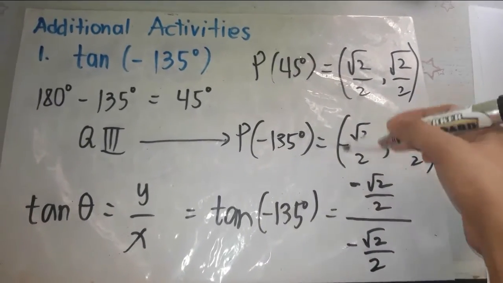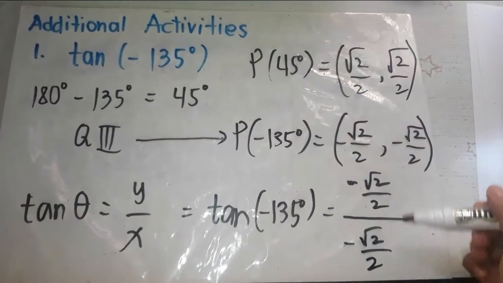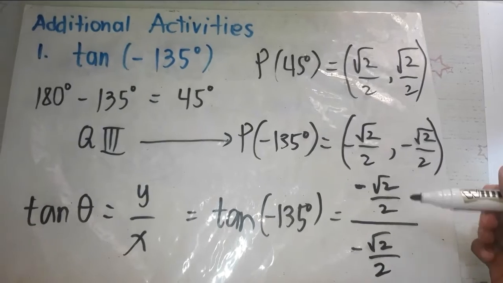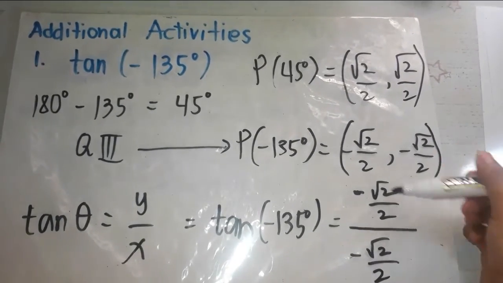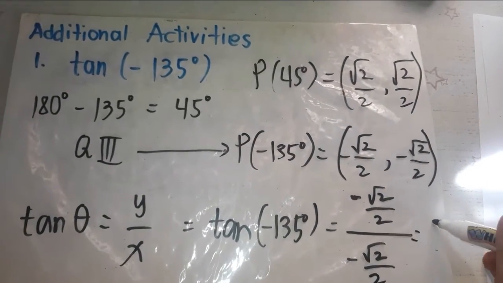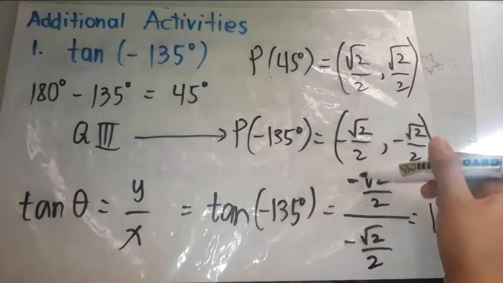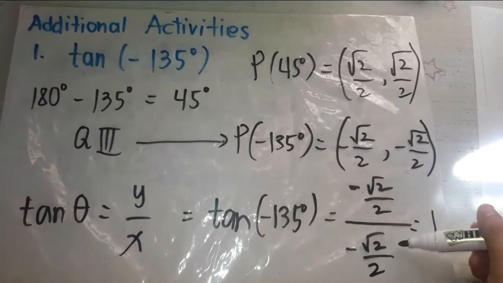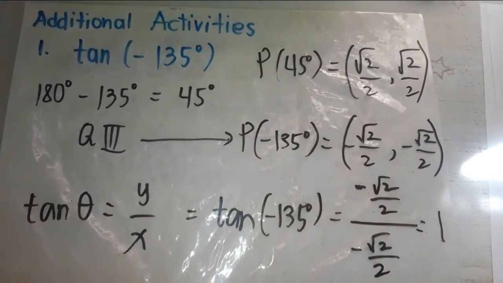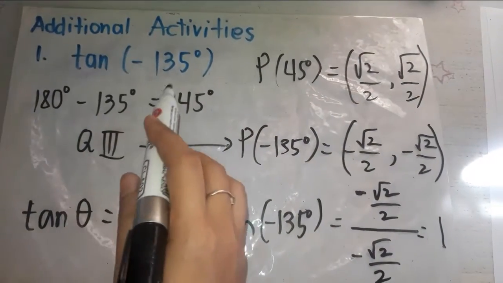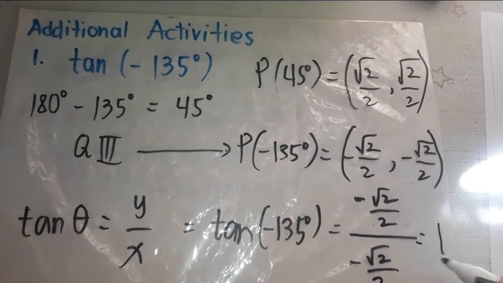Y divided by x. Now, what do you realize on this given? It's actually dividing the number by itself, and that gives you 1. Negative divided by negative is positive. A number divided by itself is equal to 1. Therefore, tangent of negative 135 degrees is equal to 1.